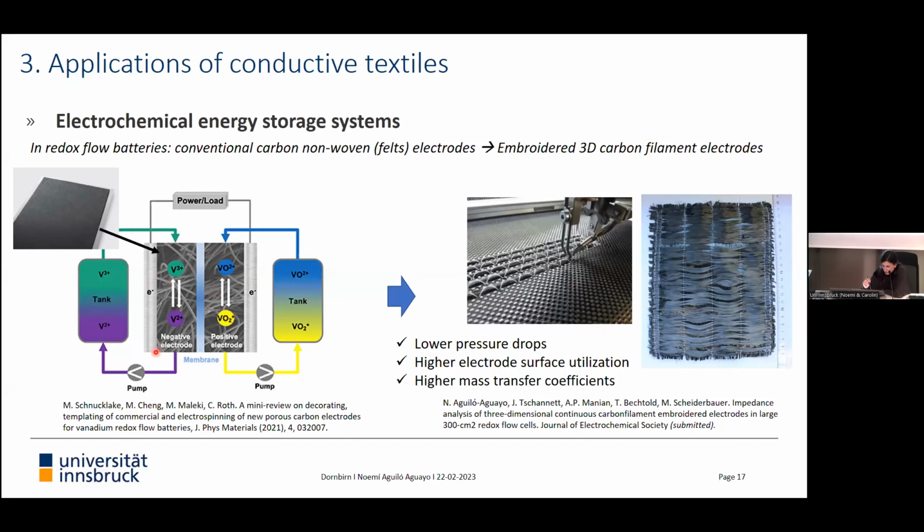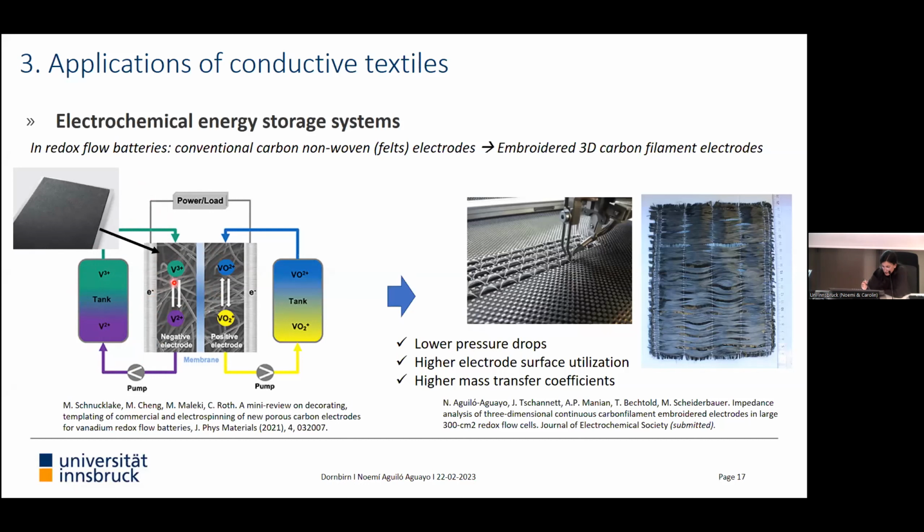And these will be stored in the tanks, and afterwards, when we want to discharge the battery, the solutions will circulate again through the electrodes, and the inverse reactions will occur. Spontaneous reactions will occur, and we will get the current from these electrolyte solutions.